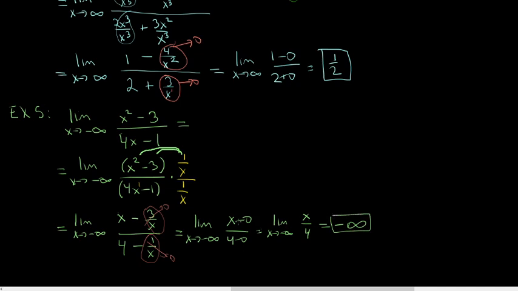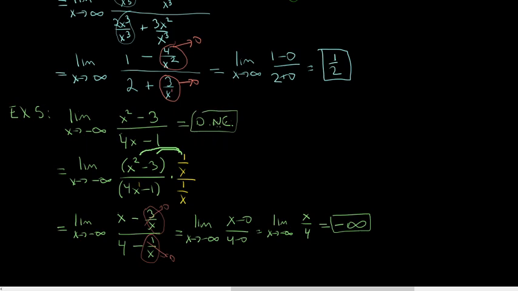In other words, this limit actually does not exist, because this does not approach any one particular number. It doesn't approach 1/2 or 7 or 0. The numbers get bigger and bigger in the negative direction. So you can say negative infinity or does not exist. Again, I would prefer negative infinity because that's a little more descriptive. Does not exist could mean many things.